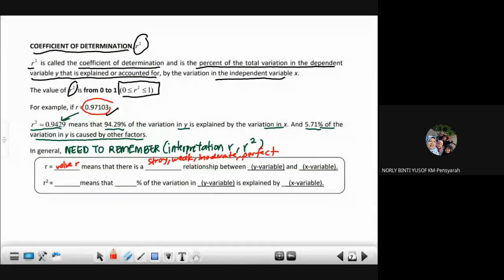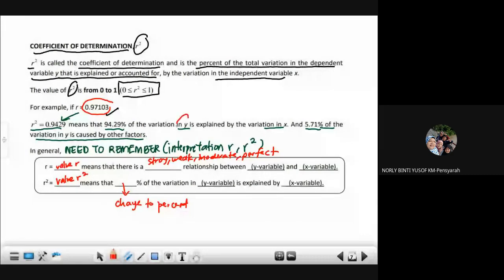Okay, then bila R squared, you kira you kuasakan 2 lah macam ni lah value for R squared. You dah kuasakan 2 means you tukar dia jadi change to percentage. Macam mana example yang inilah 0.949 means that 94.29% of the variation in Y variable is explained in the X variable.